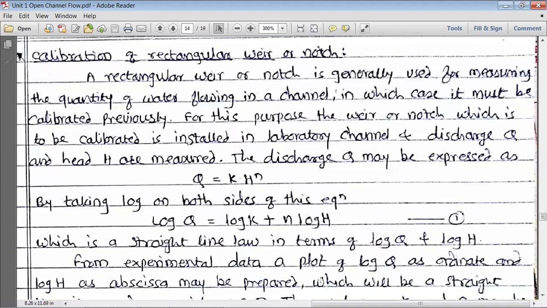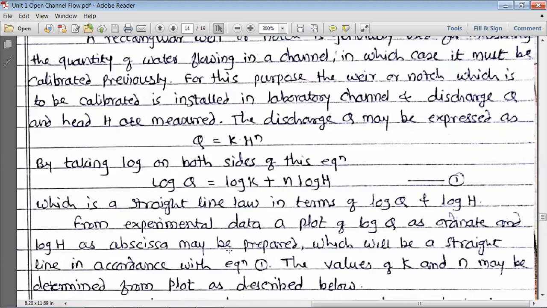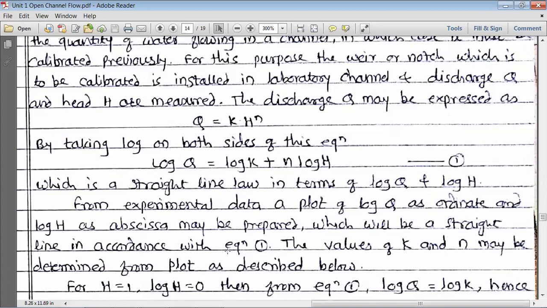The discharge Q may be expressed as Q is equal to K into H raised to N. By taking log on both sides of this equation, we get log Q is equal to log K plus N into log H. Give this equation number 1, which is a straight line in terms of log Q and log H. From the experimental data, a plot of log Q as ordinate and log H on abscissa may be prepared, which will be a straight line in accordance with equation 1.